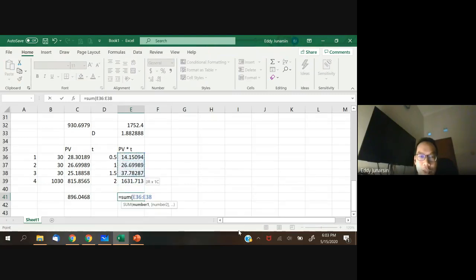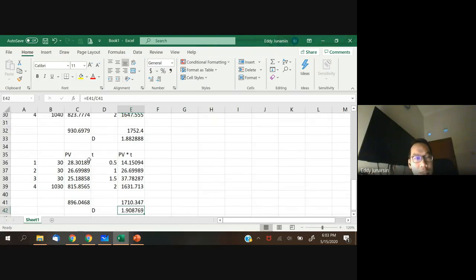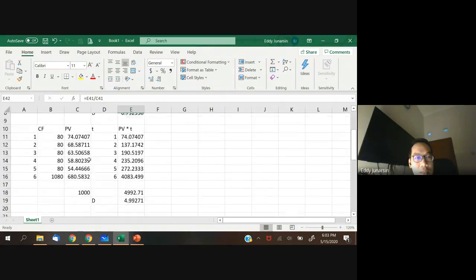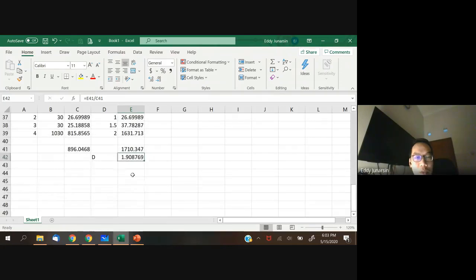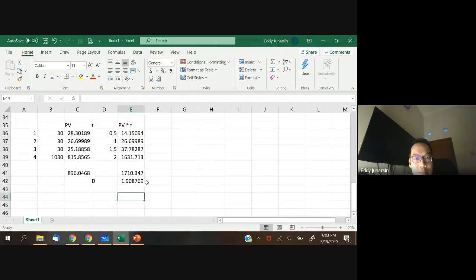We get the numerator. The duration is the numerator divided by the denominator. So 1.9, 1.9 years. So 1.9 years. The maturity is 2 years. And again, the duration is 1.9. Right?